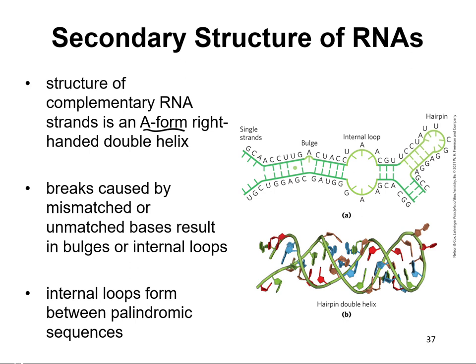You've got internal loops between palindromic sequences, so you don't have to necessarily know all of these things on the slide. Just know that secondary structure of RNA can be pretty wild. There's a lot more going on than with DNA. DNA, you've got your double helix, B form, that's it, all day, every day. RNA, much more complex.